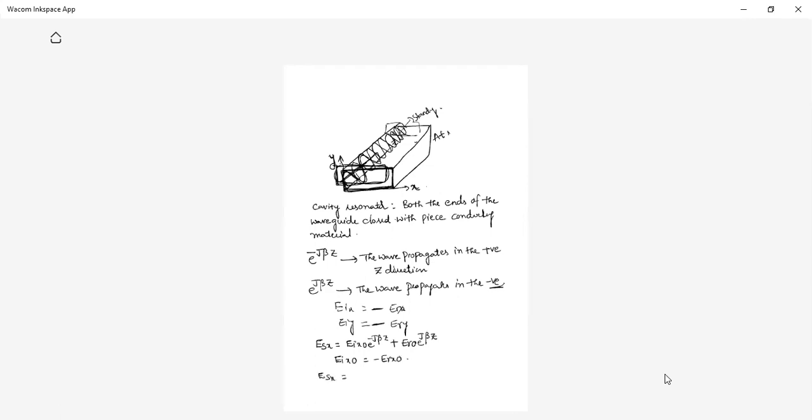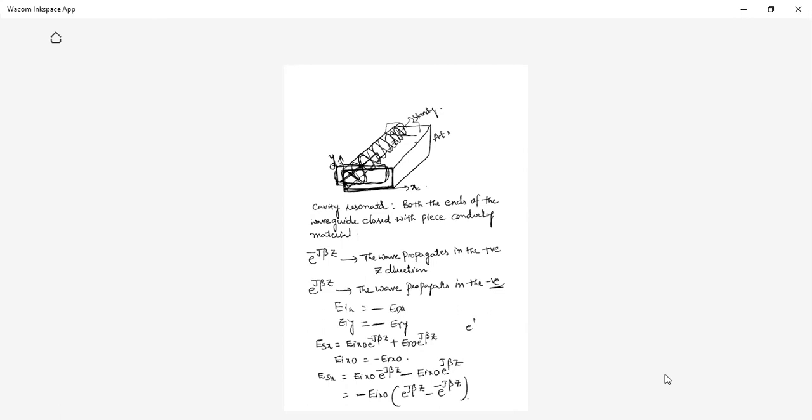I can write it as E_i x0 e power of minus j beta z minus, since E_r x0 is minus E_i x0, E_i x0 into e power of j beta z. If I take the negative sign and E_i x0 common, what can I write? e power of j beta z minus e power of minus j beta z.